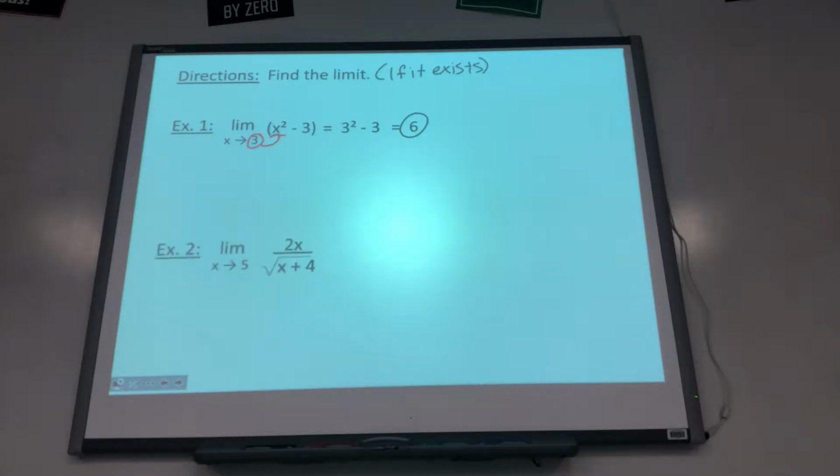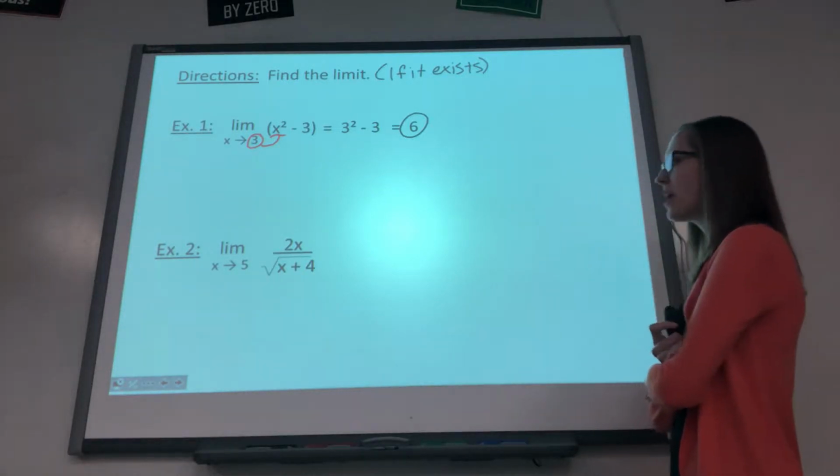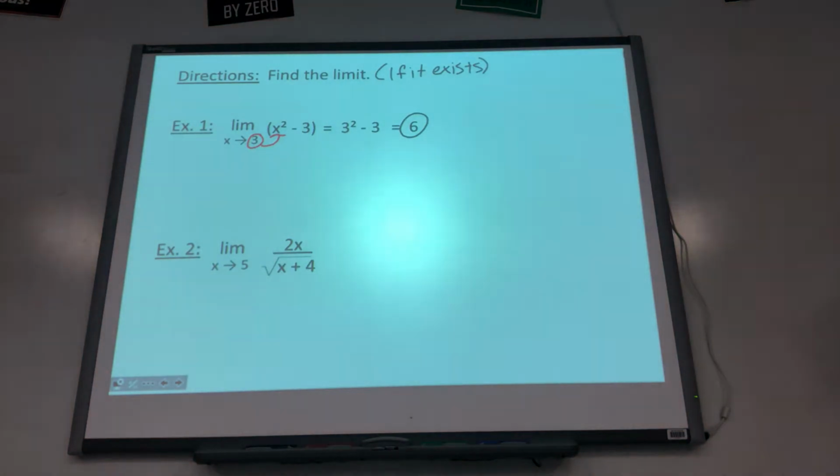Alrighty, let's keep moving here. Example 2, we've got to find the limit as x approaches 5 of 2x over the square root of x plus 4. 2x over the square root of x plus 4.